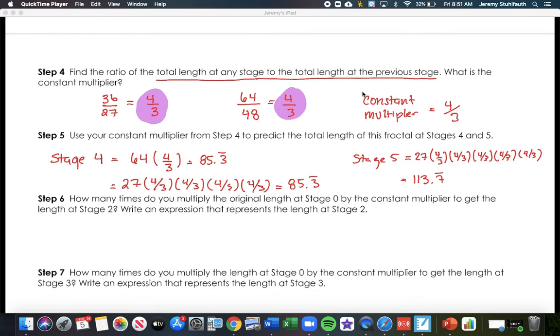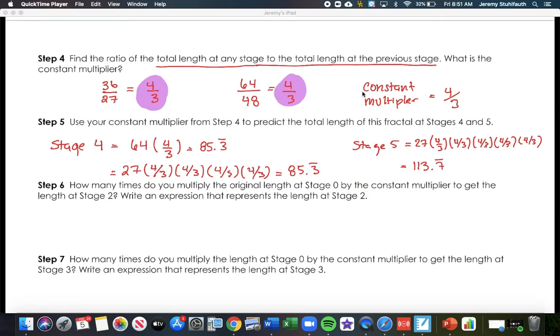And what you start realizing here is that you're multiplying by the same thing over and over and over again. And we learned that we can write that expression using exponents. So if you take a look at the length of stage 2, in order to find it, we would take the initial amount, which was 27, and multiply it by 4/3 twice.